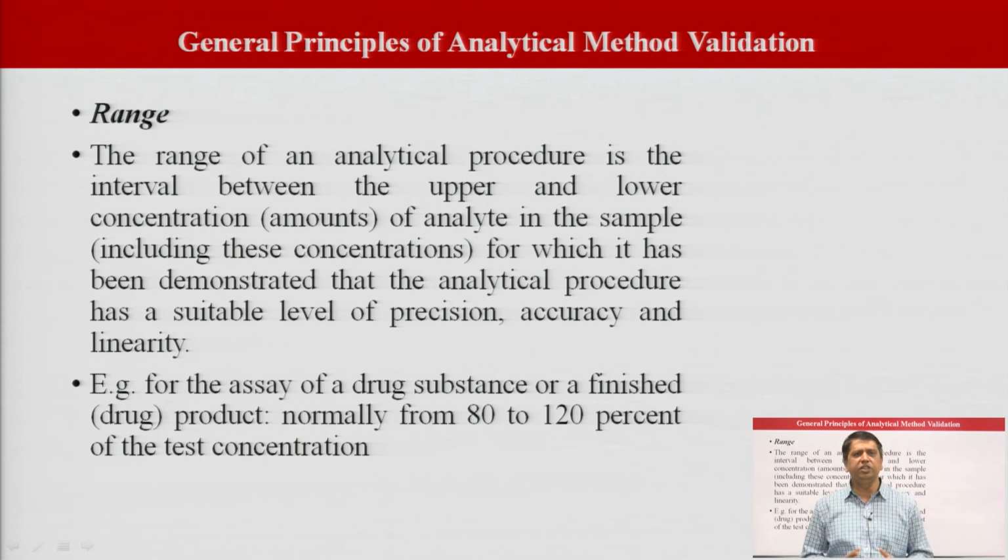Now, you can easily understand that every reading shown by the instrument may not have a sufficient level of precision, accuracy and linearity, and the range is that range in which the analyte can be determined with a sufficient level of precision, accuracy as well as linearity. For example, for the assay of the drug substance or the finished drug product, it is normally from 80 to 120% of the test concentration. So, this is the range.